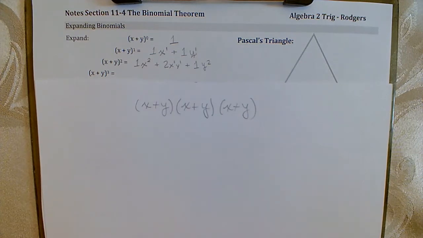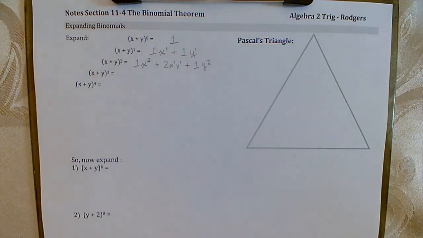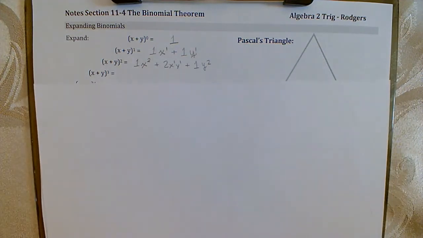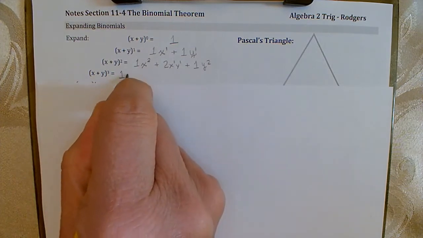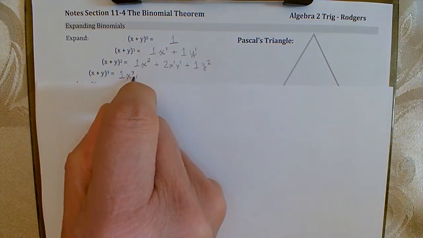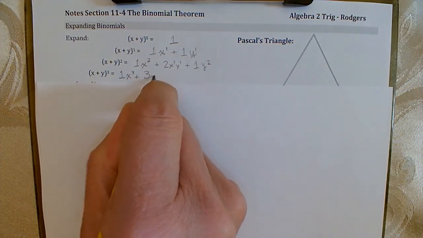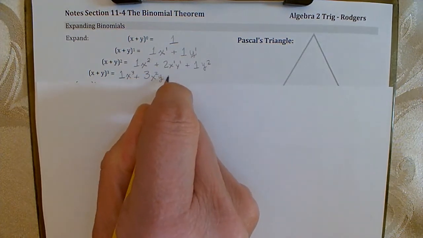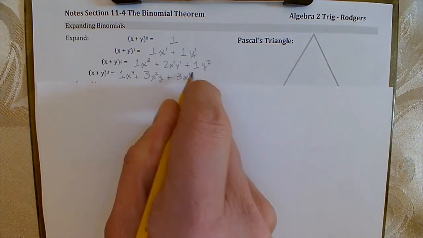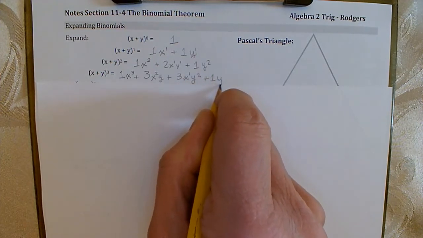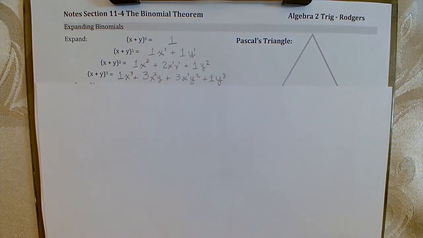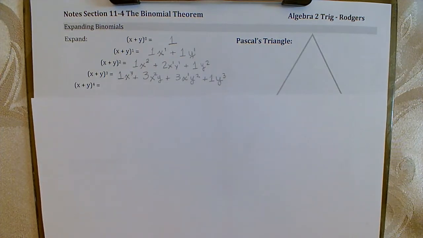So take a second and do that. All right, so the resulting answer here then, again, I'm going to include all my coefficients and all my exponents. x cubed plus 3x squared y plus 3x to the 1 y squared plus 1y cubed.